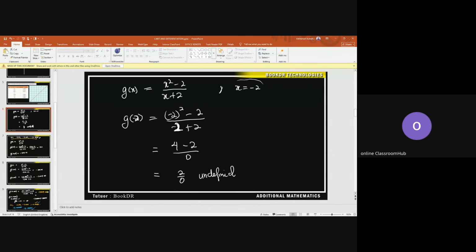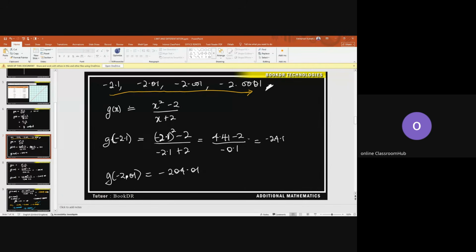We wanted to investigate the value of the function around x is equal to -2. And we plug in certain values, -2.1, -2.01, -2.001, -2.0001 into the function.